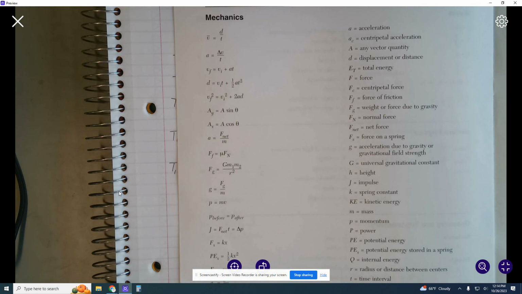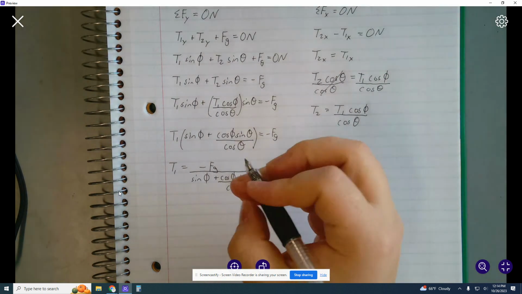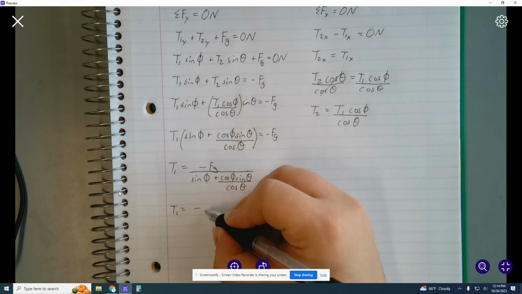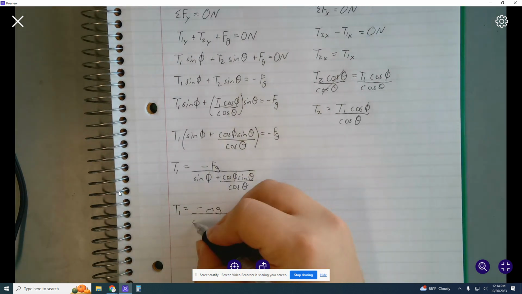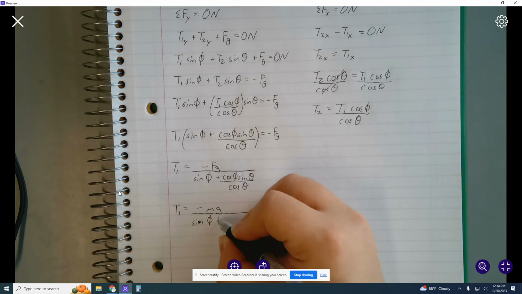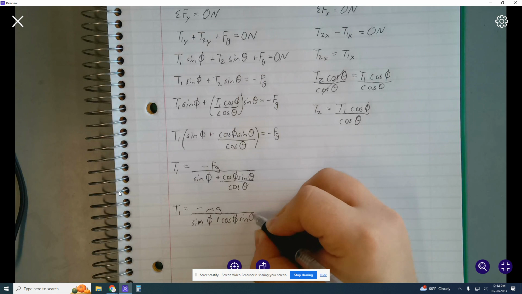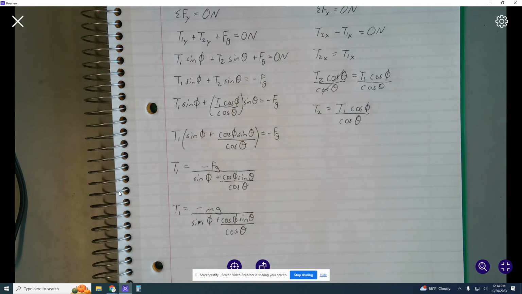Or if we want to rearrange it, like we did with our regular net force, we could say that Fg is equal to m times g. Which will get us our T1 as equal to negative mg over sine of phi plus cosine of phi times sine of theta divided by cosine of theta. All right.